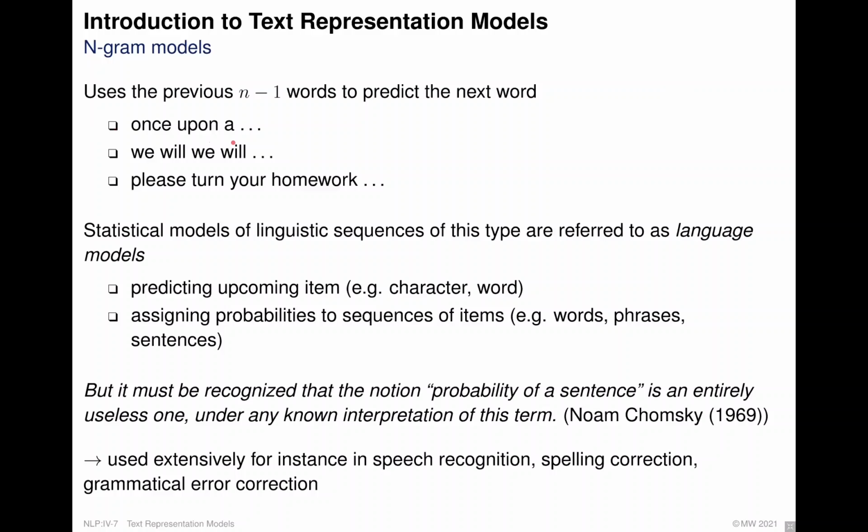This is rather easy. Once upon a, if you were to guess the next word in English, the very likely word here is time, because this is a fixed phrase from fairy tales. For the second example, although it might sound counterintuitive, most of you will recognize that this is the beginning of a rather well-known song. Even though there are many things that might be done in the future, if you use the web as a corpus, more often than not you will probably conclude this sequence with something like rock and followed by you.